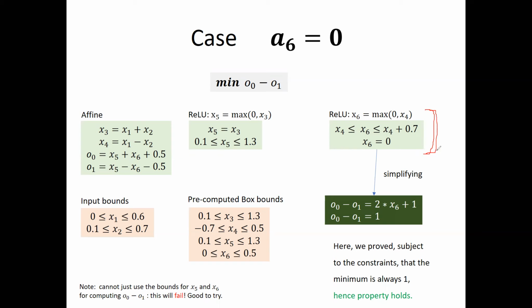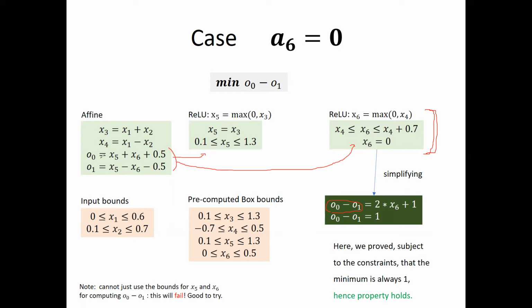And then one thing you can do is, we are interested in minimizing O0 minus O1. So we want to compute what this expression is. We have some expression here for O0 and O1, and we want to use these constraints over here for x5 and x6 in order to compute O0 minus O1.